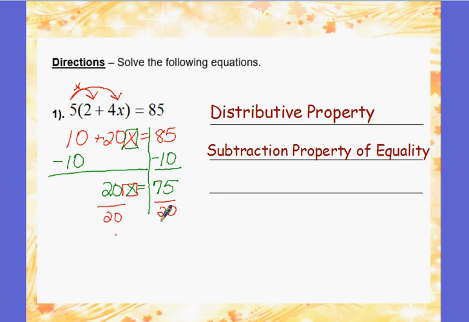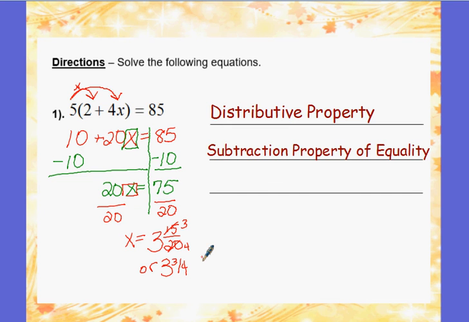I can end up with 20 fitting into 75 3 whole times, and 3 times 20 is 60, so that means I have 15 out of 20 left over. Or 15 over 20 reduces. I can divide by 5 and get 3/4. This is equivalent to 3 3/4.